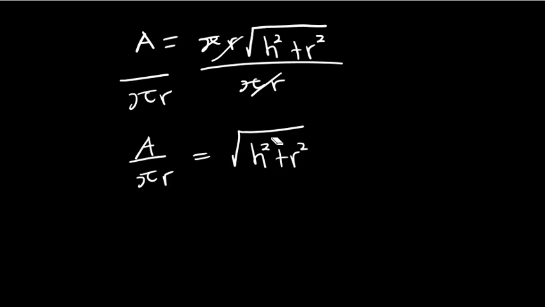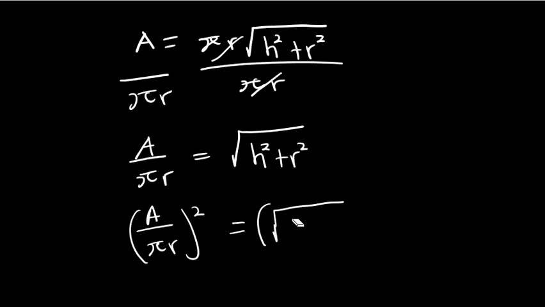Now the h that we want to make the subject is under a root sign, so we get rid of the root sign. Now how do we get rid of the root sign? If you want to get rid of the root sign, what you have to do is to square both sides. So we are going to have A over pi r all squared equal to the square root of h squared plus r squared all squared.